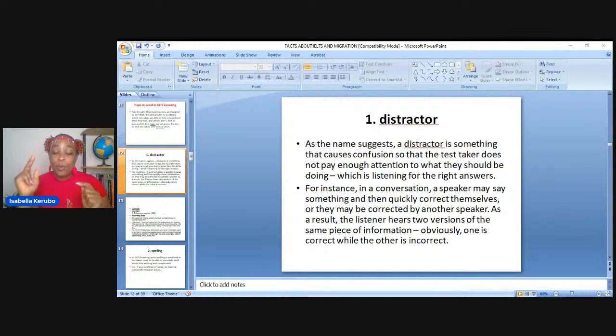So always look out for the instructions, especially if you are supposed to fill in the blanks. You need to be very, very keen and check how many words you are required to fill in. If you've been asked to fill in not more than 2 words, and you give an answer using 3 words, even if that answer is the correct answer, you'll get it wrong.